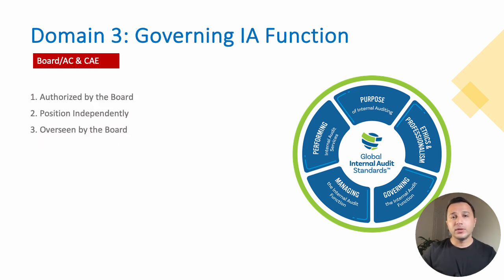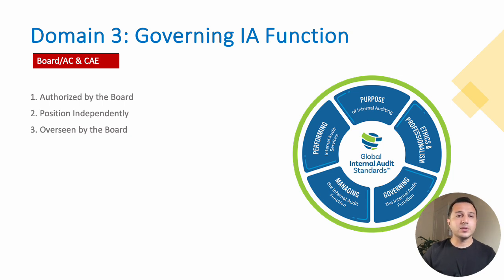Domain 3, governing the internal audit function, has three principles, and this domain basically addresses the issues related to the chief audit executive, his relationship with the board and audit committee, and the role of the board and the audit committee in governing the internal audit function within the organization.